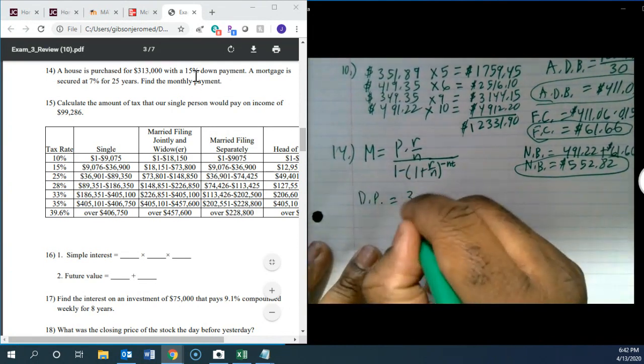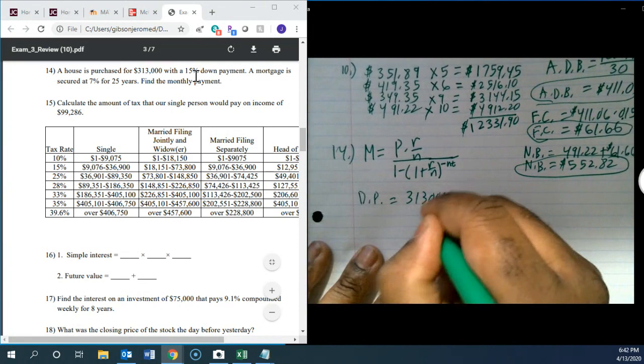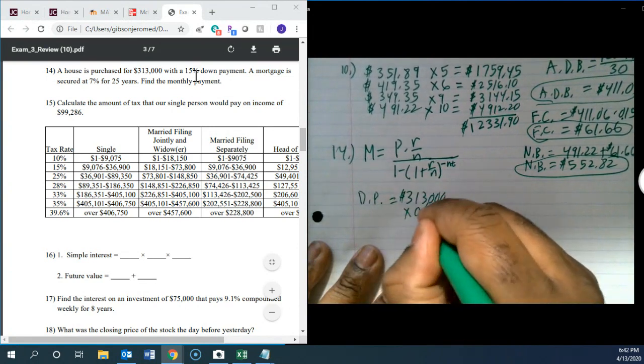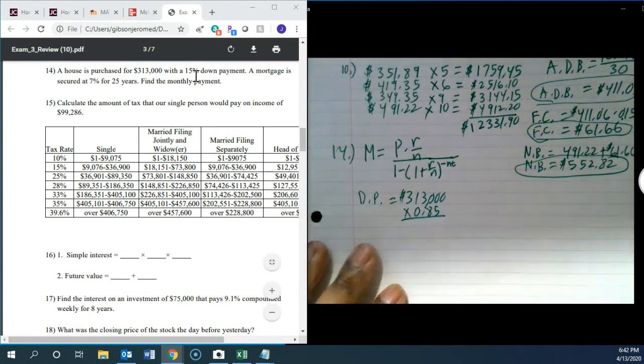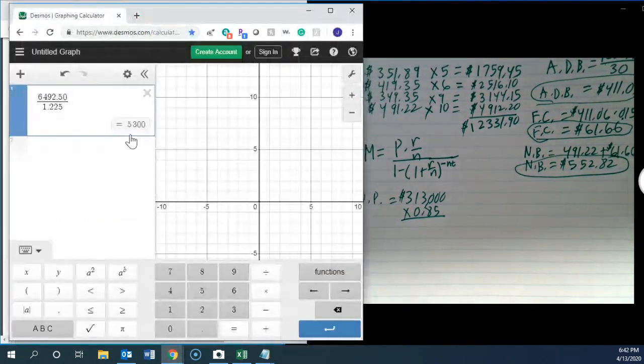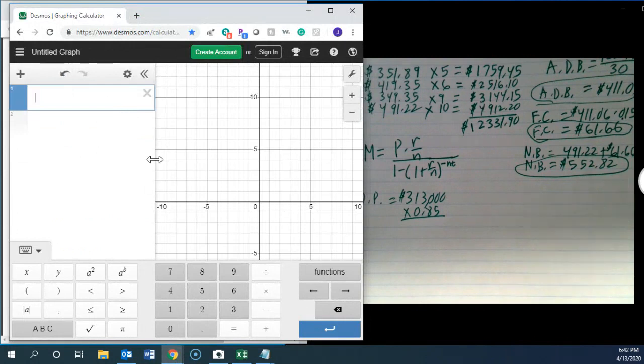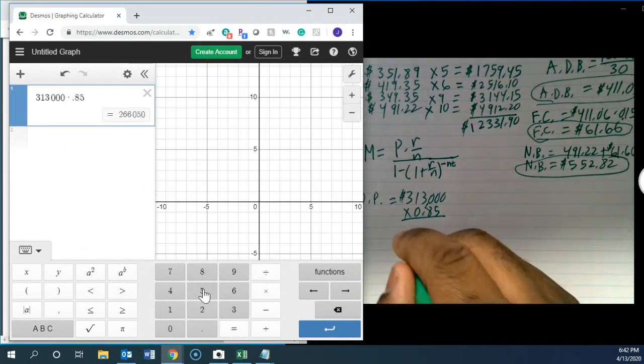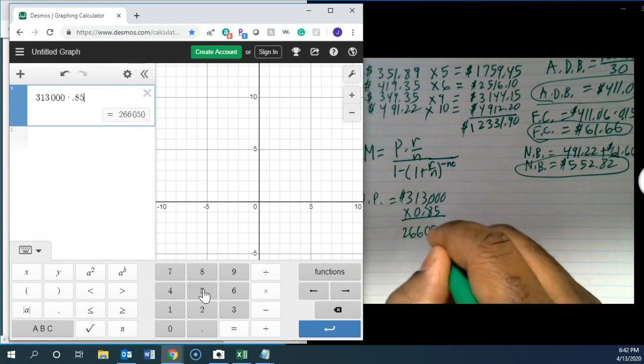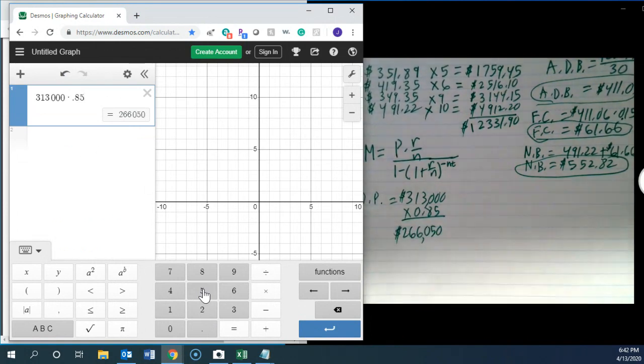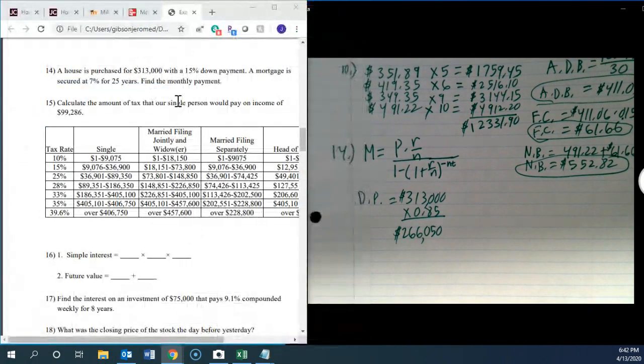We'll take this 313,000 and multiply by 0.85, because that's how much you're actually going to pay. So let me pull this up. So we would take 313,000 and multiply by 0.85. So this would be $266,050. So that's how much your principal would be now.